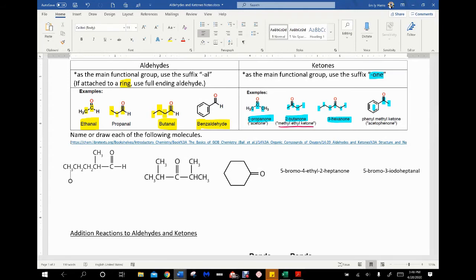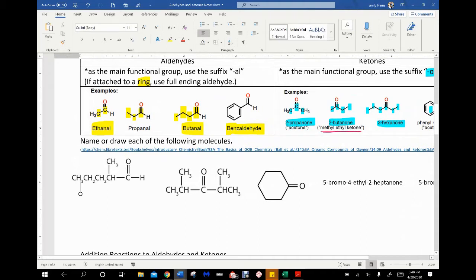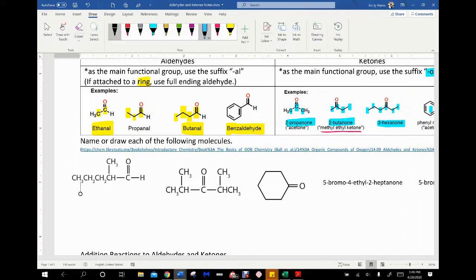Alright, so let's try out this naming and drawing here. So our first compound that we have in question is an aldehyde. It has the carbonyl compound attached to that hydrogen at the end there. And so we know we're going to use the ending of al. And so let's count to see how many carbons long our chain is. So we've got 1 carbon, 2, 3, 4, 5 carbons there.